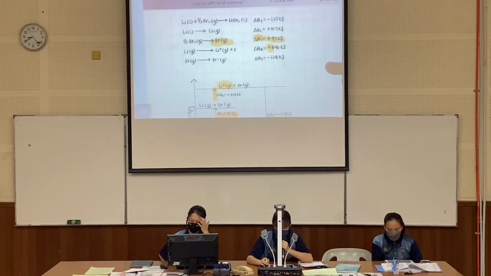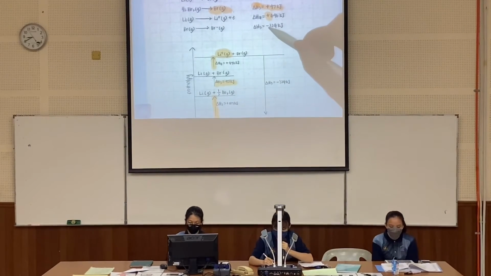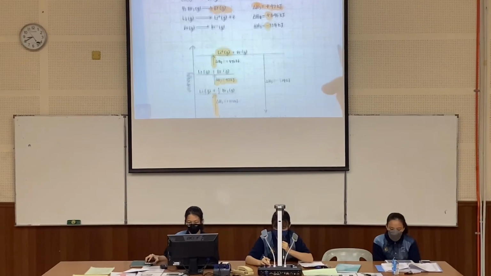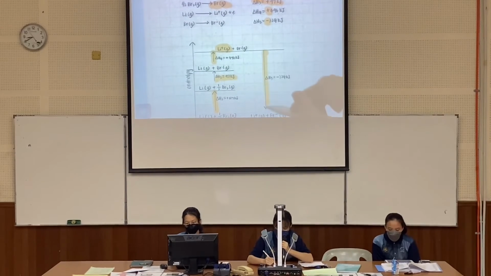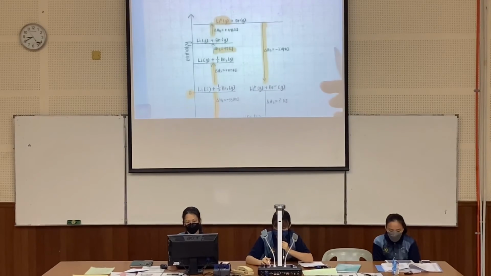So we proceed to the next equation, which is electron affinity of bromine. You notice here the enthalpy now has become negative, so your arrow should be downward, and you label your enthalpy here and write down your product.